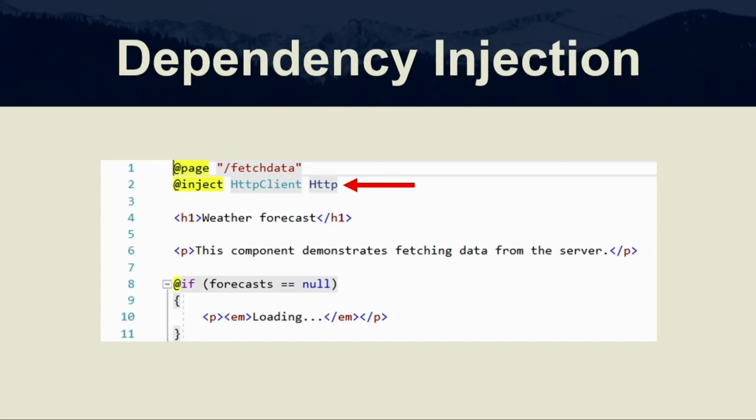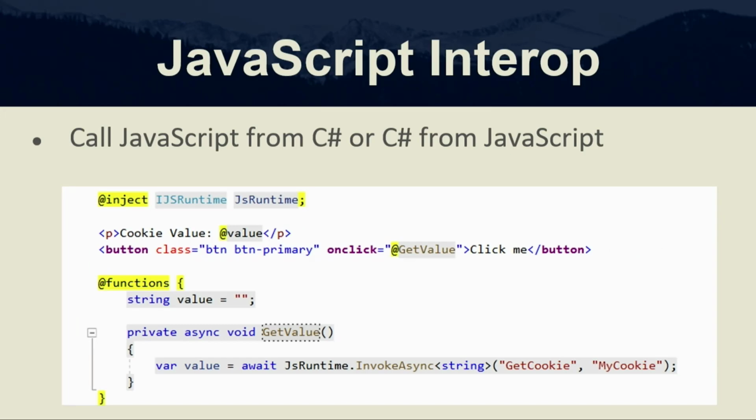JavaScript Interop. Like I was describing earlier with the way that the differential updates happen in the user interface, that all happens through JavaScript Interop. You can use this yourself. In this case, I'm accessing a cookie using a JavaScript function that was written.